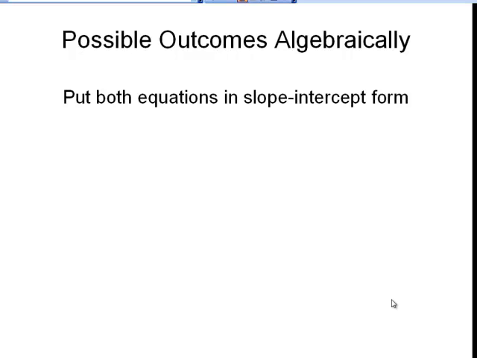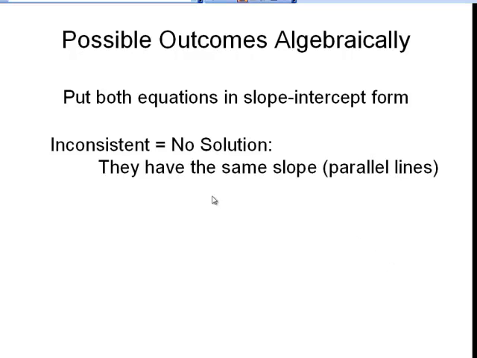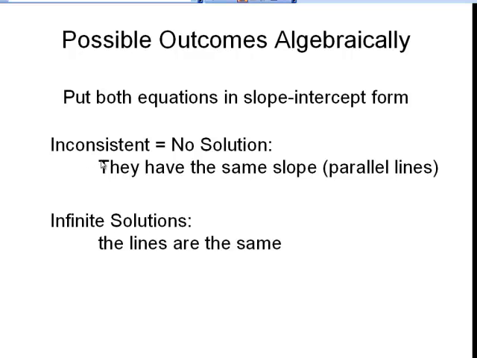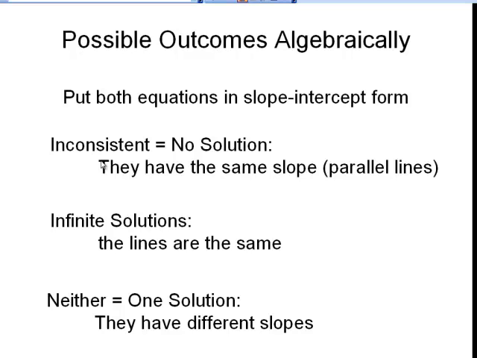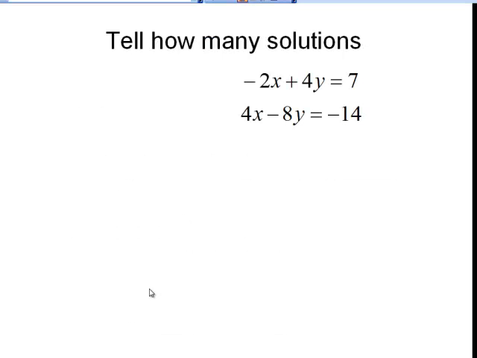Now, algebraically, if you put both equations into slope-intercept form, if it's lines, they're not consistent, or no solution, if they have the same slope because they're not going to intersect. They have infinite solutions if they're the same line, and neither one of those happen, and there's one solution if they have different slopes.